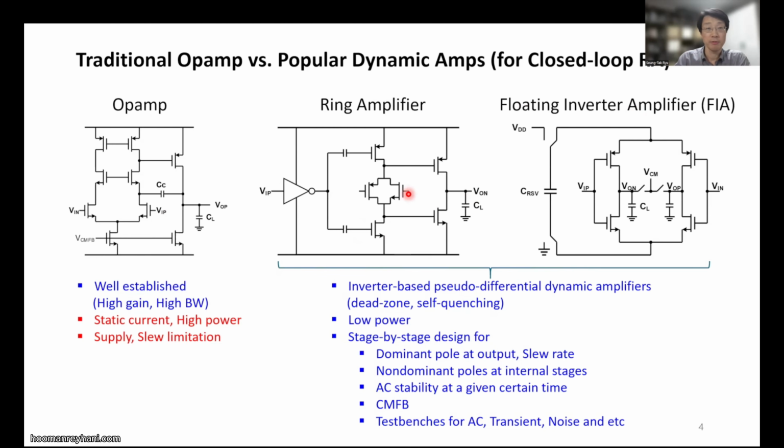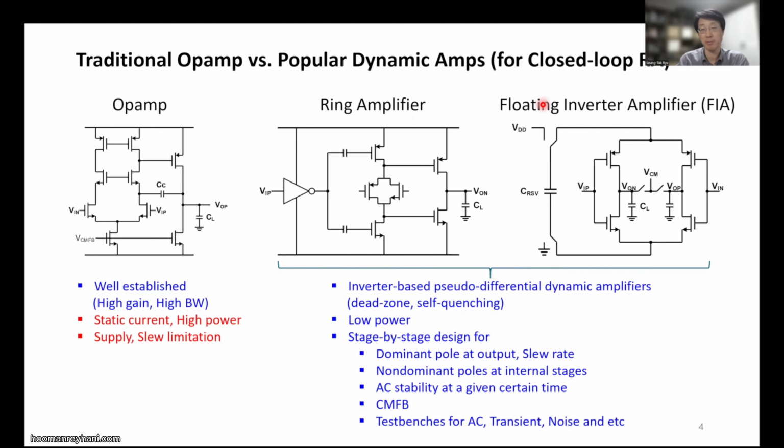Different from the operational amplifier, we typically set the ring amplifier's dominant pole at the output node, and the floating inverter amplifier is similar. The last stage drives the load with class AB control without bias current limitation, so its slew characteristic is very excellent.